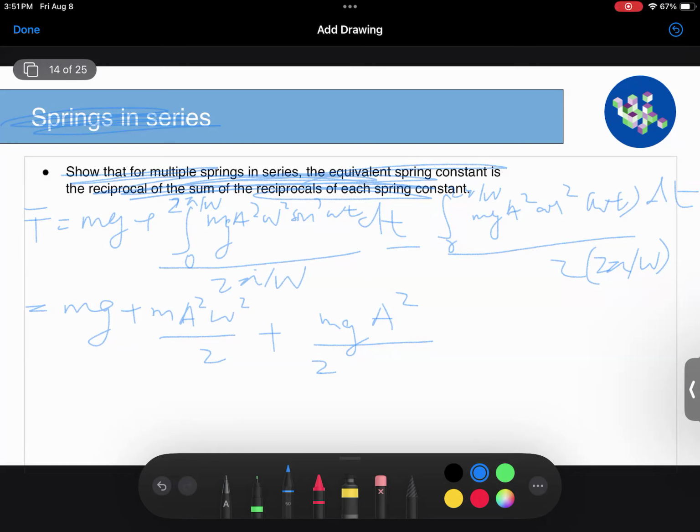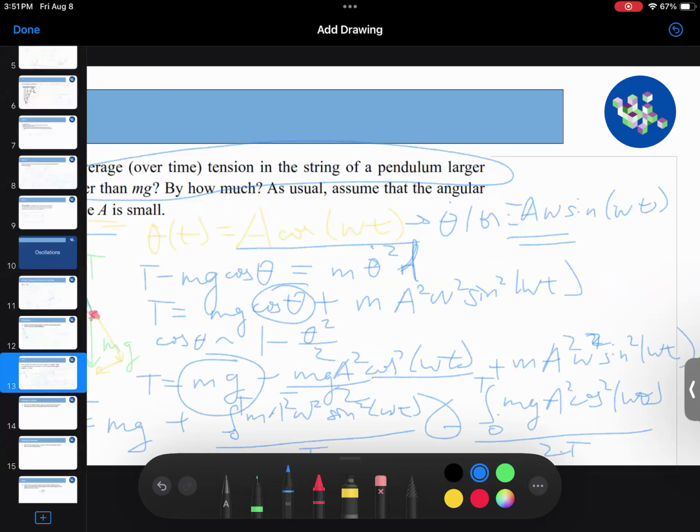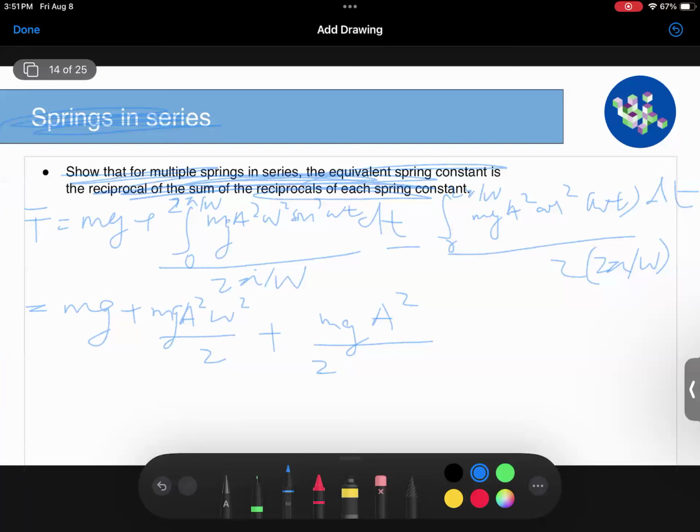So we should have plus mg a squared omega squared, and then hold up. Yes, there was a minus sign over here. I forgot to copy it over. So this should be a minus, right? We had it over 2 over here, so it just goes to mg a squared omega squared over 4.